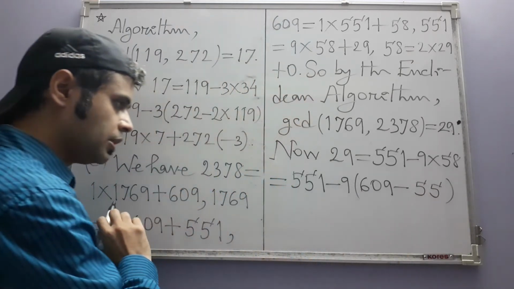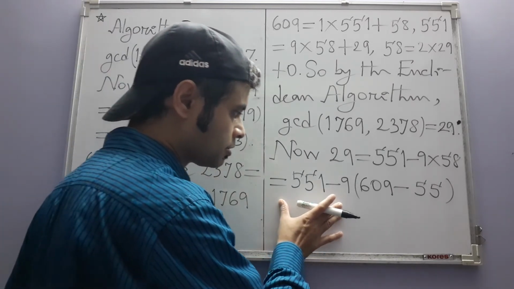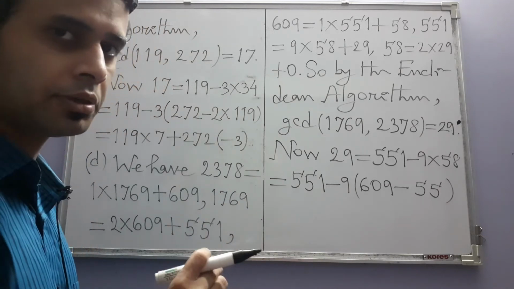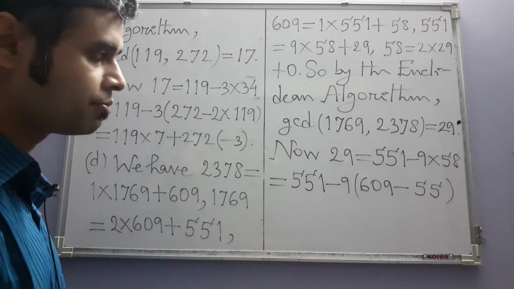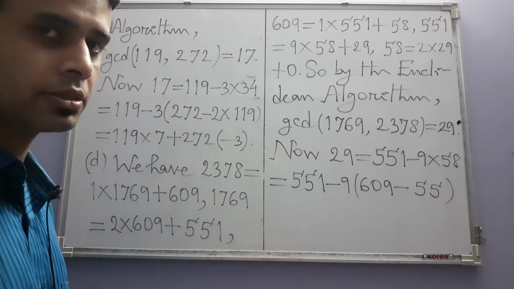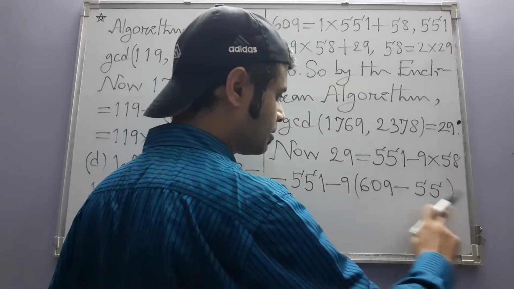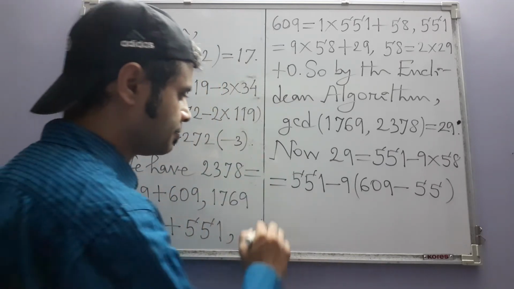While doing these calculations, always remember to simplify the expression first. After replacing one remainder with an expression like this, you simplify the resulting calculation first, and then you replace the previous remainder. If you start another replacement here itself, then you will mess things up.